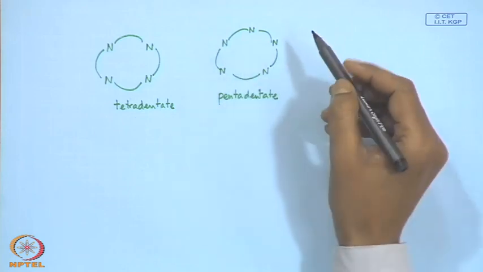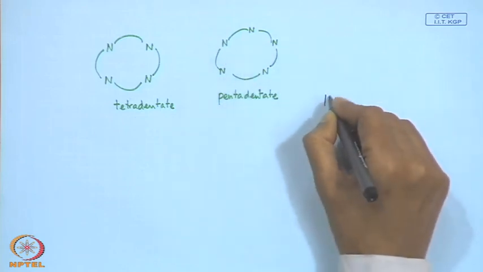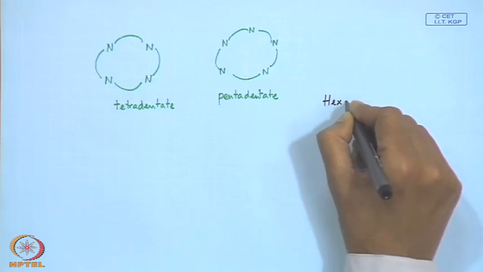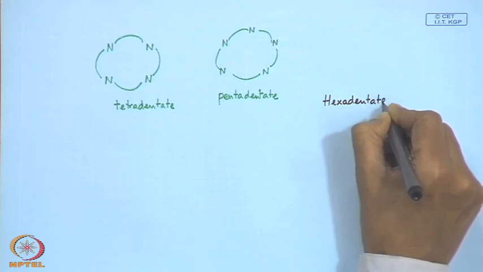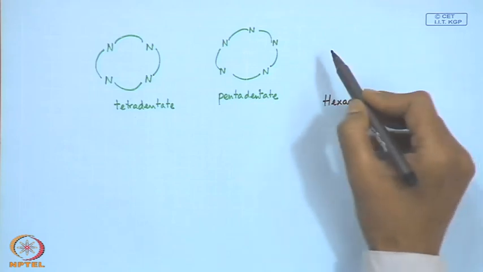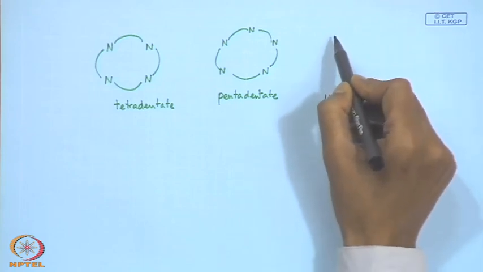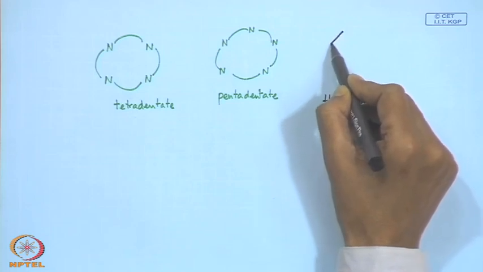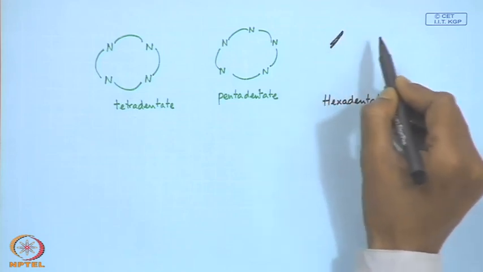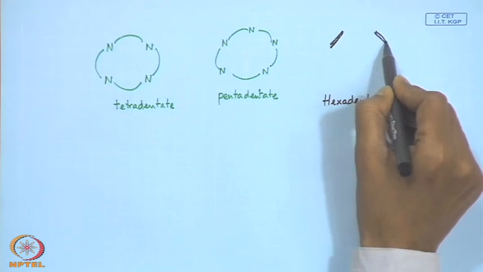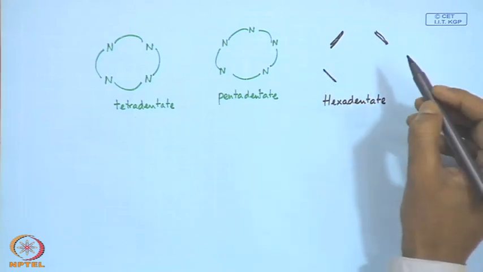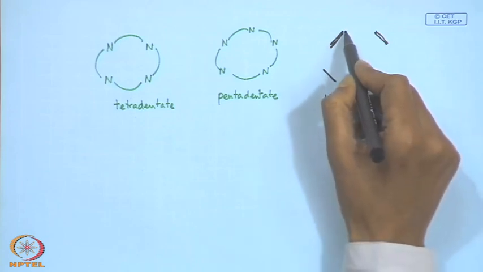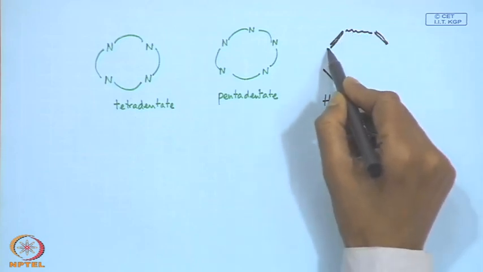But if we want to make the corresponding hexadentate one, we can put in some rigid backbone. We can have one rigid backbone here, another over here, and another over here, and then connect them.